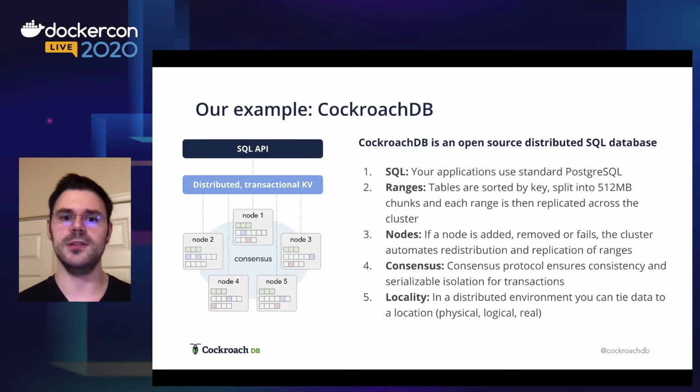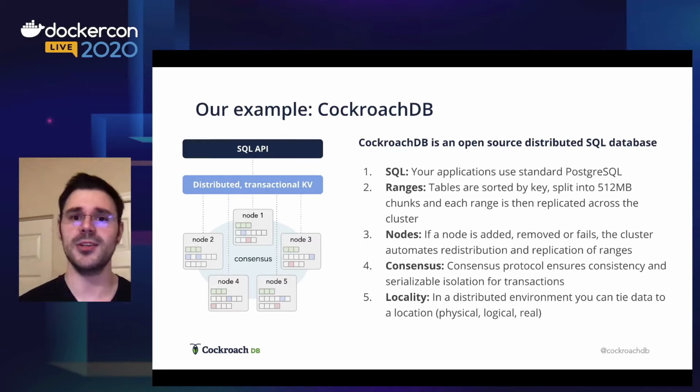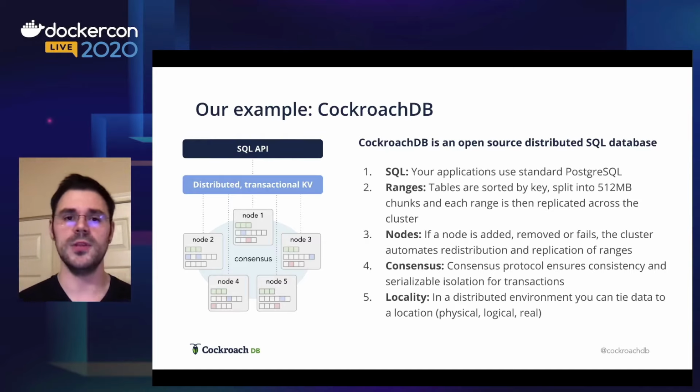Nodes hold on to these ranges, and if they are spun up, spun down, or crash for whatever reason, the cluster will automate the redistribution and replication of these ranges to ensure that all your data remains highly available. We use the Raft consensus protocol to ensure serializable transaction isolation. And finally, we have the concept of locality for data. Data can be tied to a specific physical, logical, or real location, which, as luck would have it, is pretty convenient for GDPR compliance.